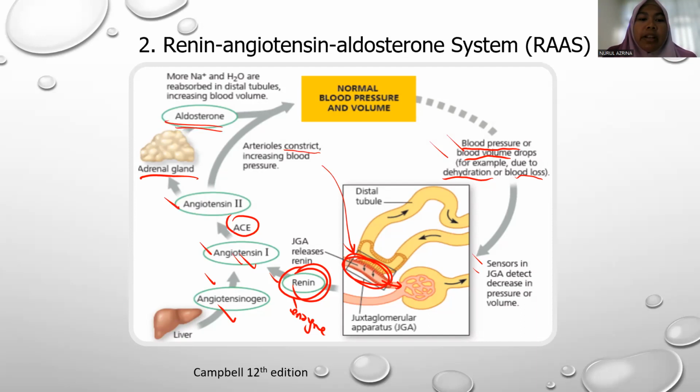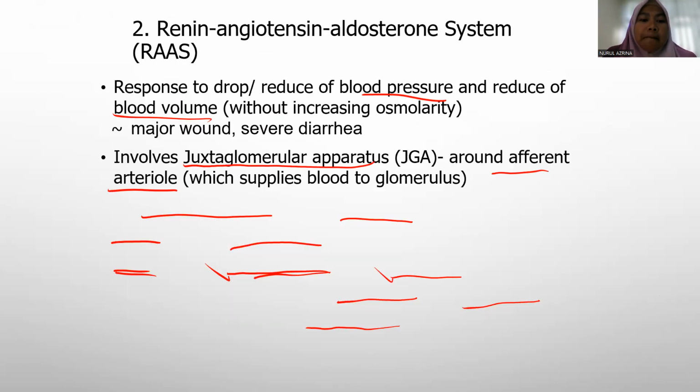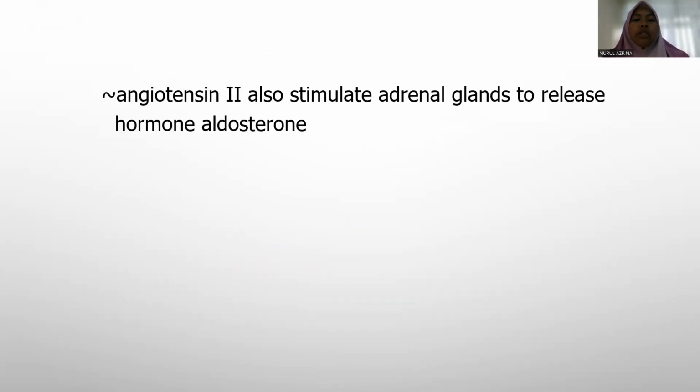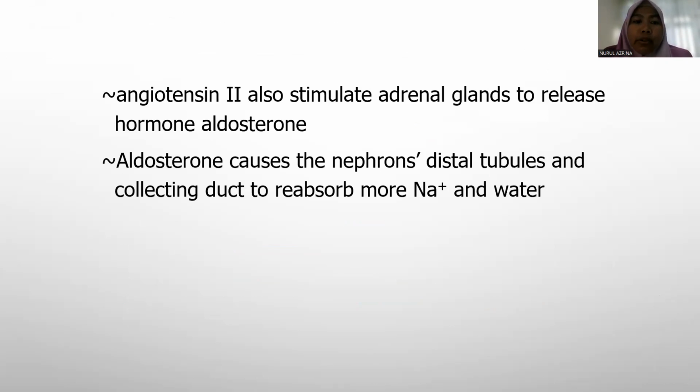So what is the function of aldosterone from the adrenal gland? Angiotensin 2 stimulates the adrenal gland to release aldosterone.